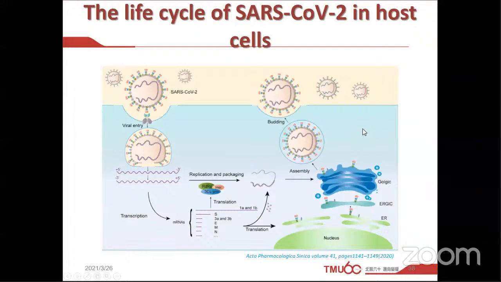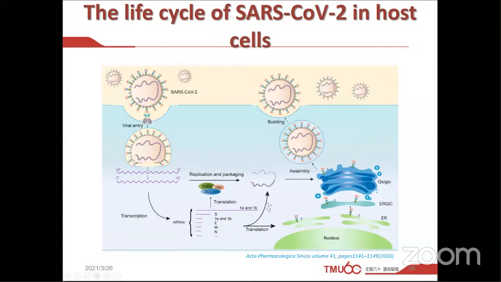Okay, the life cycle. I just mentioned the S protein, called spike protein, is very important for entry into host cells, and it goes through the endocytosis pathway. In the endosome, the pH value is very low, which is very good for activation of protease and lipase, which help degrade the proteins and release RNA.